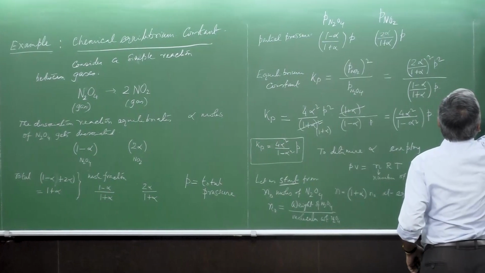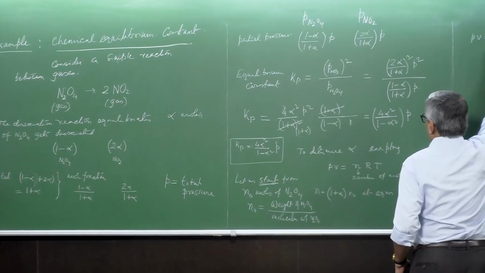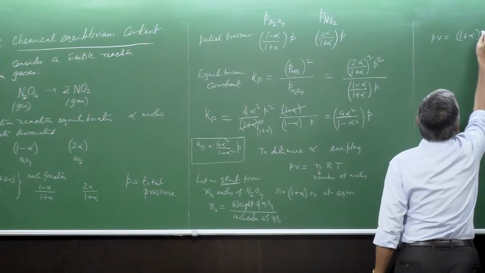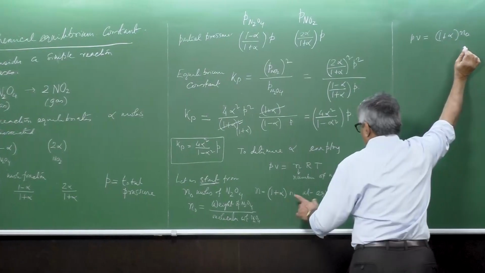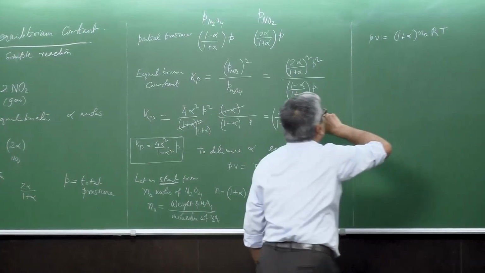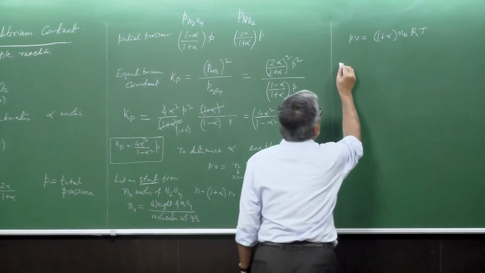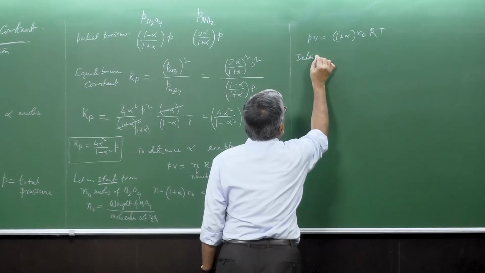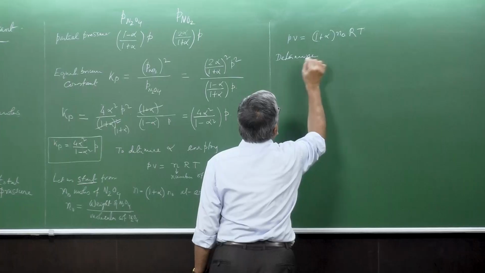So PV equals 1 plus alpha times N0 times RT. Now we determine what are the things to be determined.